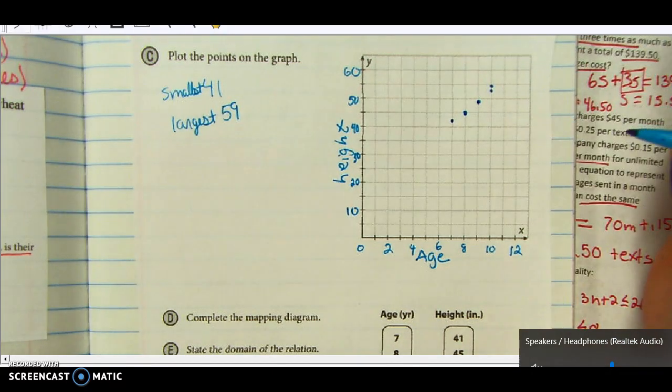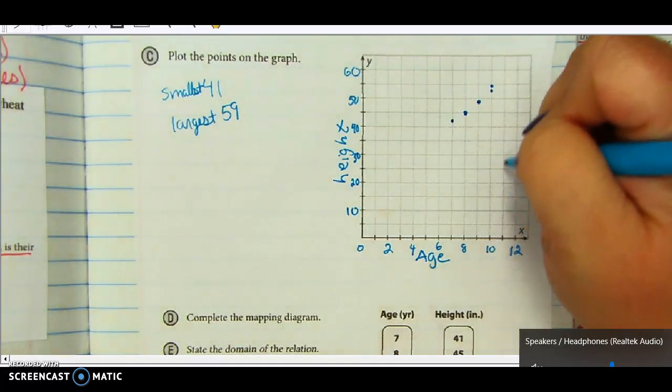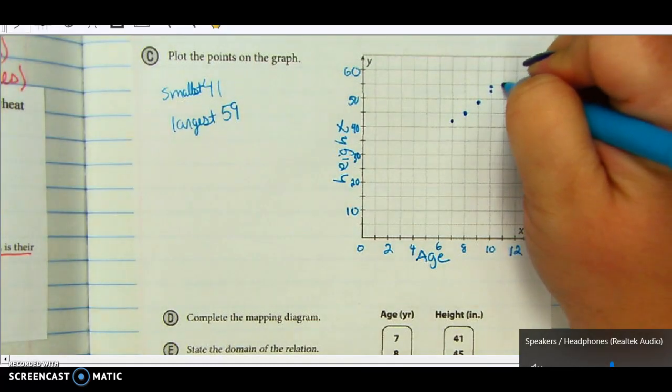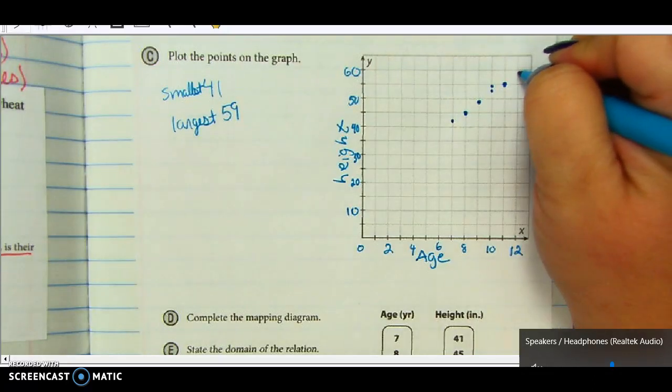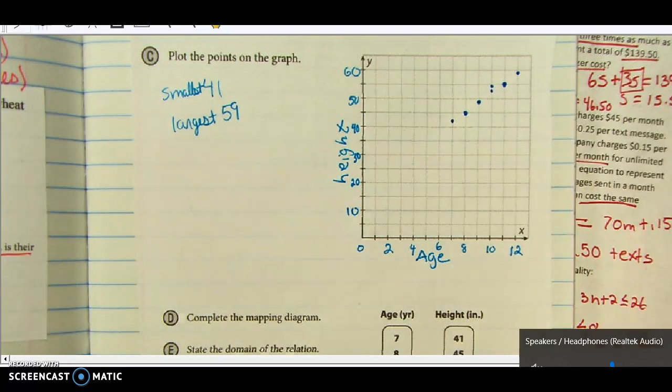I got really close to my line, but it's the best I could do. 11, 55, and 12, 59. So there are our points.